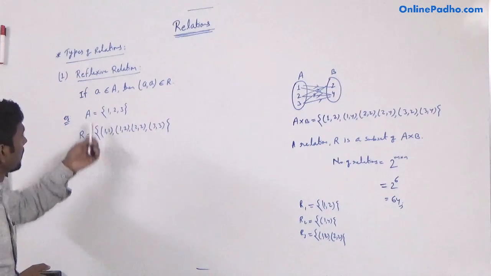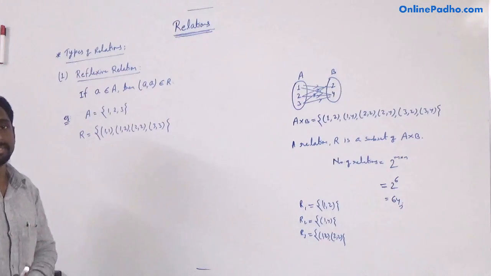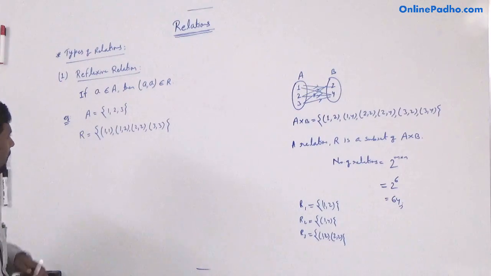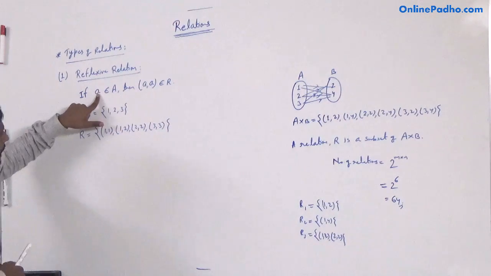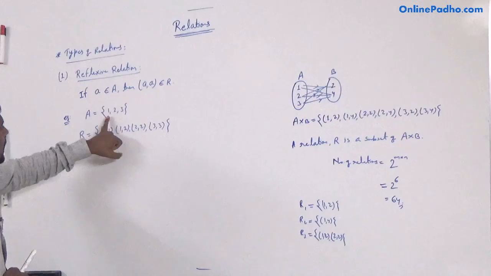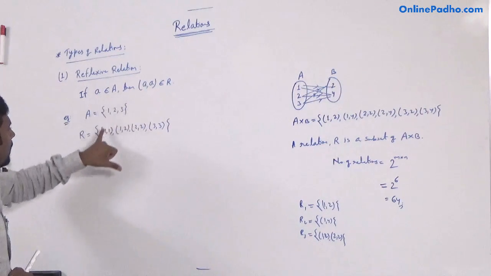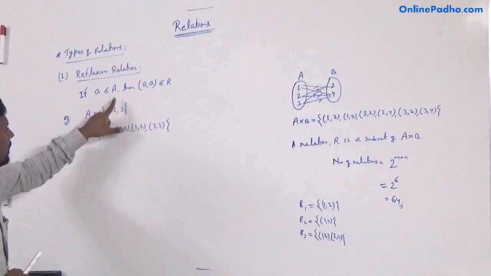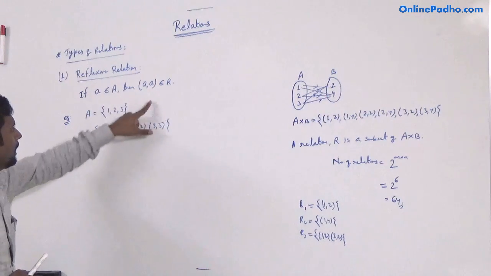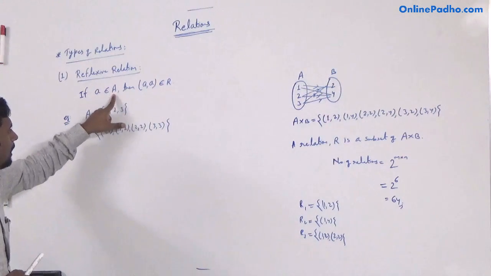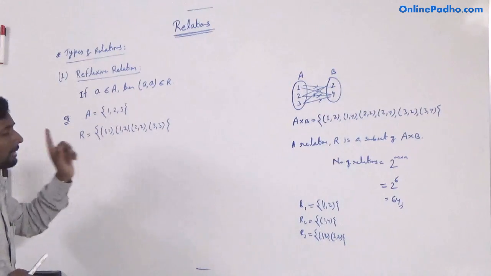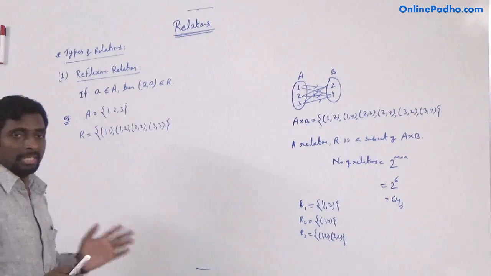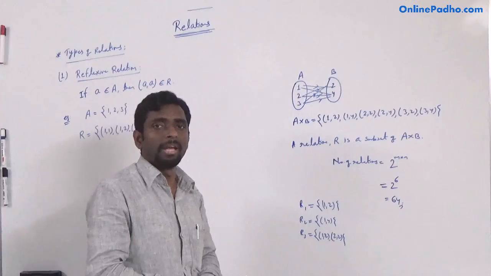Is this relation reflexive? Yes. Why? Because 1 belongs to set A and (1, 1) belongs to the relation. Element 2 belongs to set A, and (2, 2) belongs to the relation. 3 belongs to set A, and (3, 3) belongs to the relation. This satisfies each and every element.